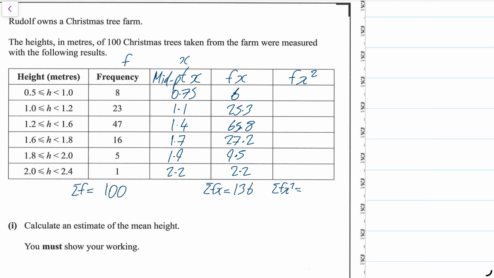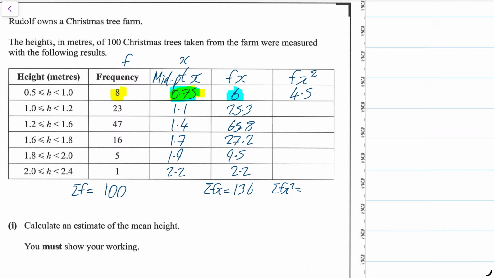And my fx squared. Now, how you get your fx squared? You can either do this number times 0.75 squared to give you 4.5, or you could just do the 6 times another 0.75, which again is going to give you the same thing. So I would probably just think the quickest way to do it is to multiply the last two columns.